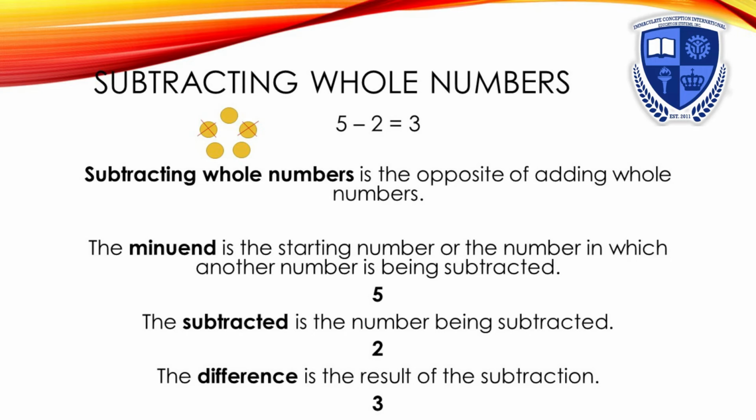The minuend is the starting number, the number from which another number is being subtracted. So in this example, class, the subtrahend is 2 and the difference is the result or the answer of the subtraction. So our difference is 3.